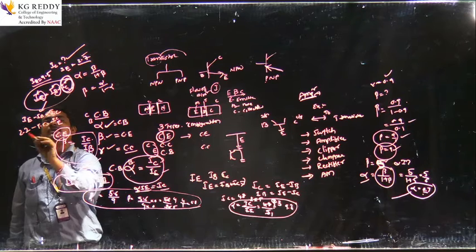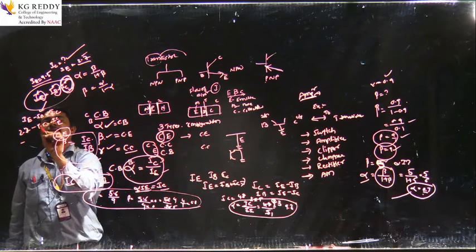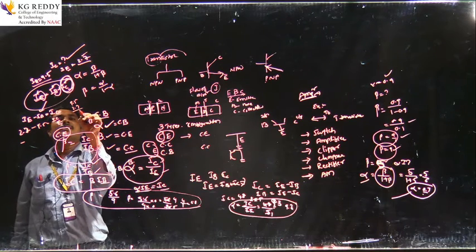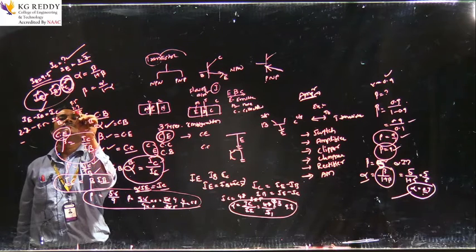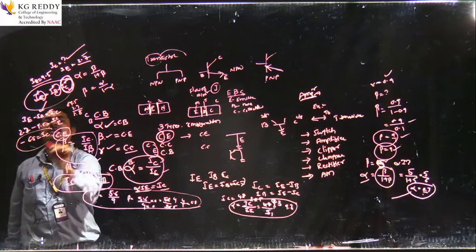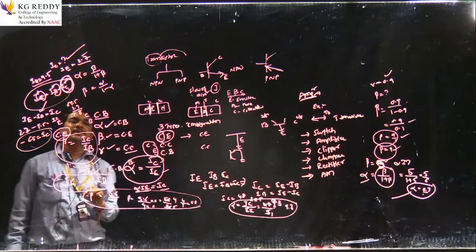In this equation a minus term is coming. Let us take 9.5 minus 2.7, approximately 6.8 is the correct answer for IC current.